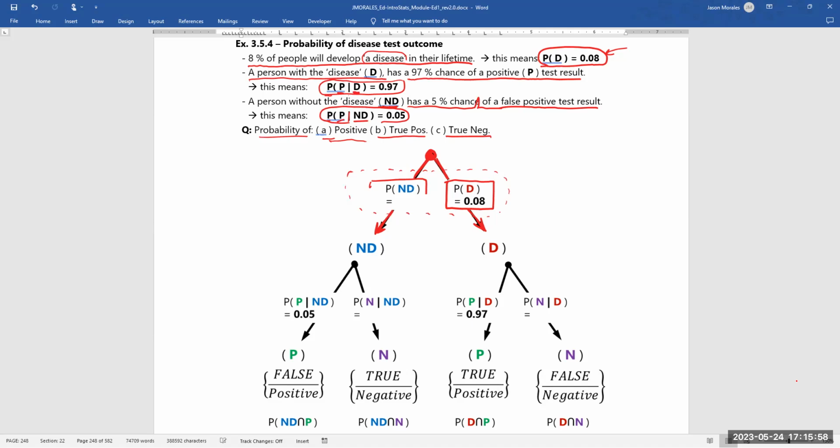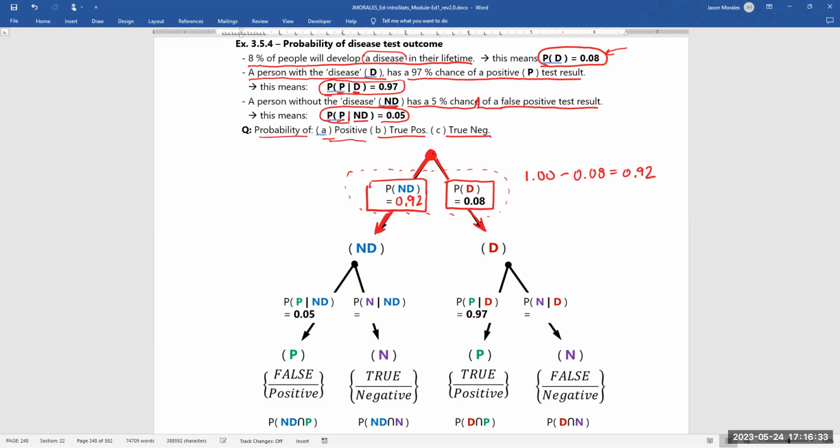So even though the probability for having no disease is unknown, we can figure it out by simply doing 1.00 minus 0.08, because these two probabilities should add up to 1. Either you have the disease or you don't, and that comes out to 0.92. So the probability of not having the disease is 0.92, or 92%.